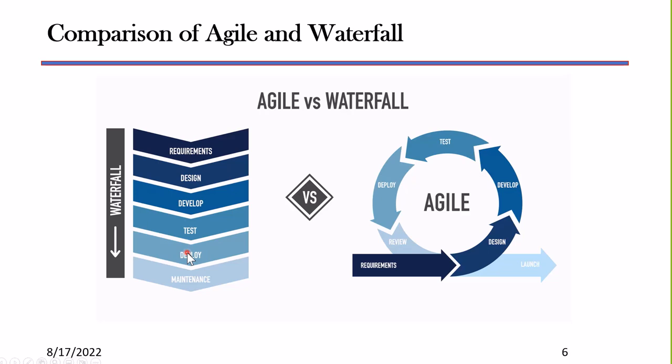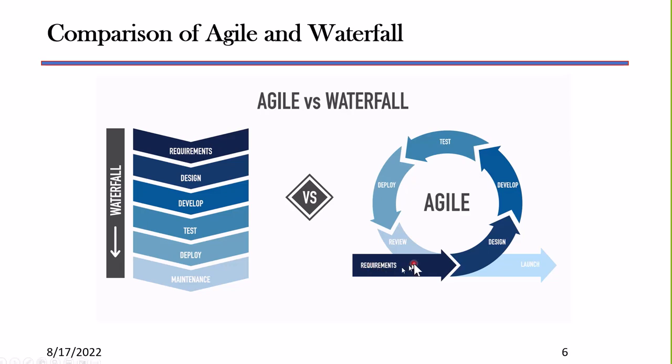Waterfall is typically referred to as a fall-through, where you complete one part of the project planning, then move to the next part, and the next part, so you complete them in a serial fashion. On the other hand, when we look at agile, we have first of all the requirements.